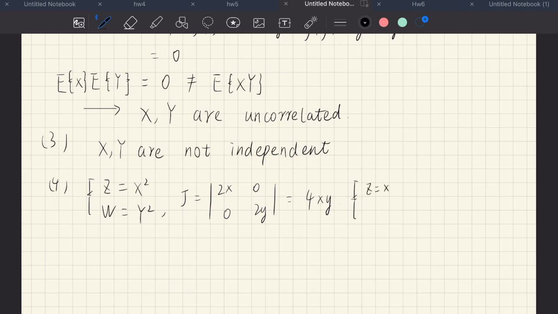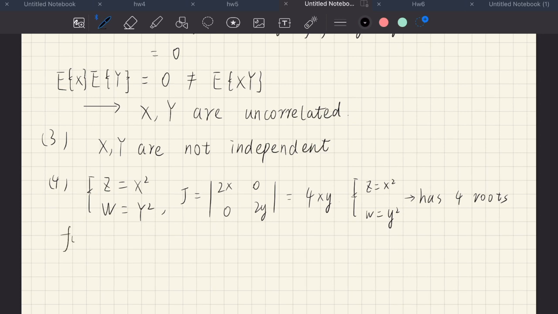Z equals X squared, W equals Y squared, and this has 4 roots. So for Z between 0 and 1, W between 0 and 1, the Jacobian determinant should be equal to 4 times square root of Z times W, where i equals 1, 2, 3, 4.